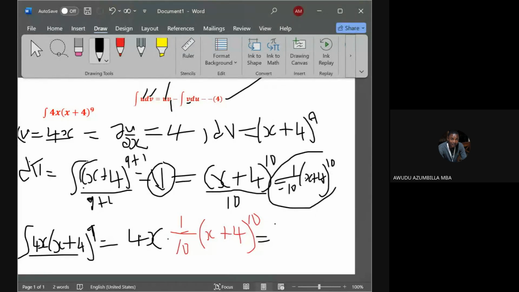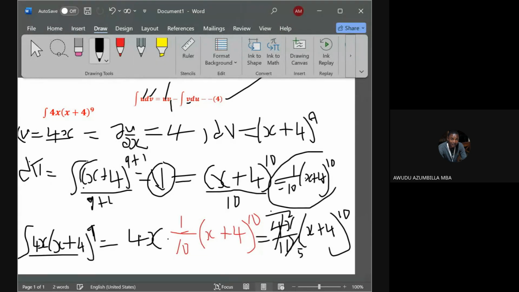If you do that, you are going to get 4x over 10, bracket x plus 4 raised to the power 10. This is what you are going to get. And now 2 will go here, and then 2 will go here, 5.